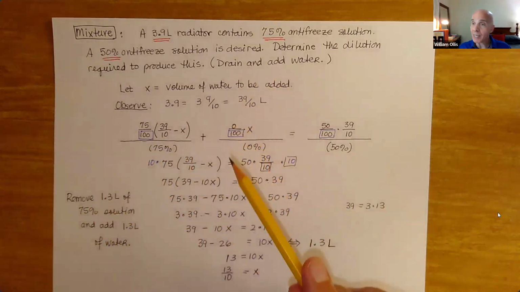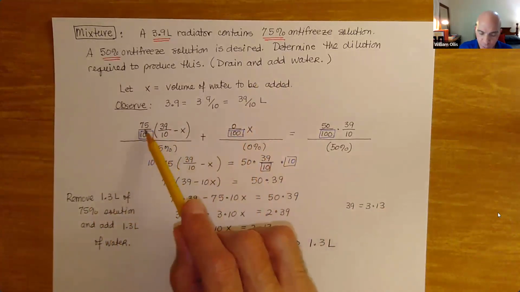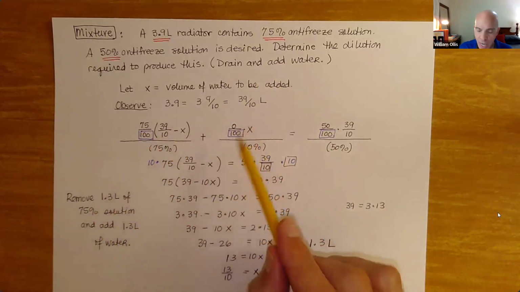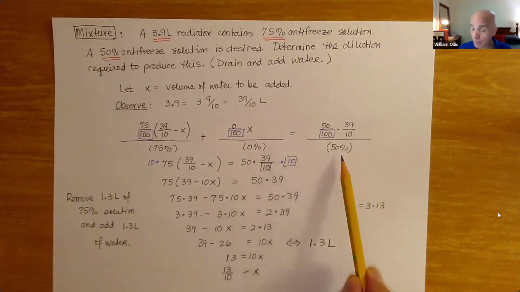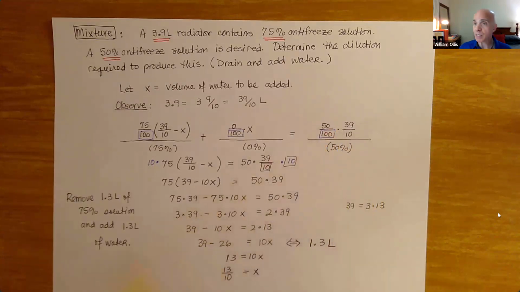So what we're draining, we're adding. But notice, this has the antifreeze concentration of 75/100, but water has no antifreeze. So this term will have no impact, though it does exist, because it's important in the calculation process. It's important in the procedure to produce the more dilute solution. But now, of course, when you're done, you have 39/10 liters of 50% solution.